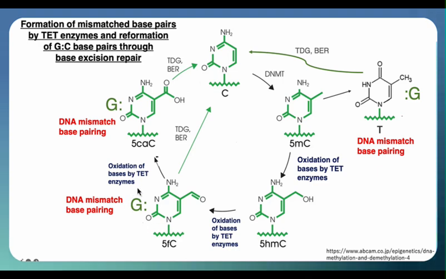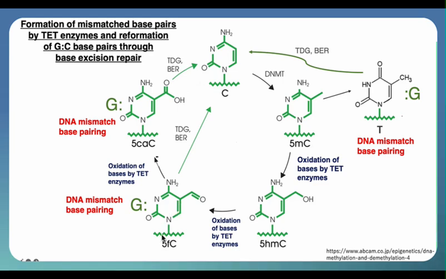The pairing of G with 5-formylcytosine, 5-fC, is recognized as a mismatched base pair, so 5-fC is excised by thymine DNA glycosylase, TDG. Subsequently, dCMP is inserted through base excision repair, resulting in a G with C base pair.